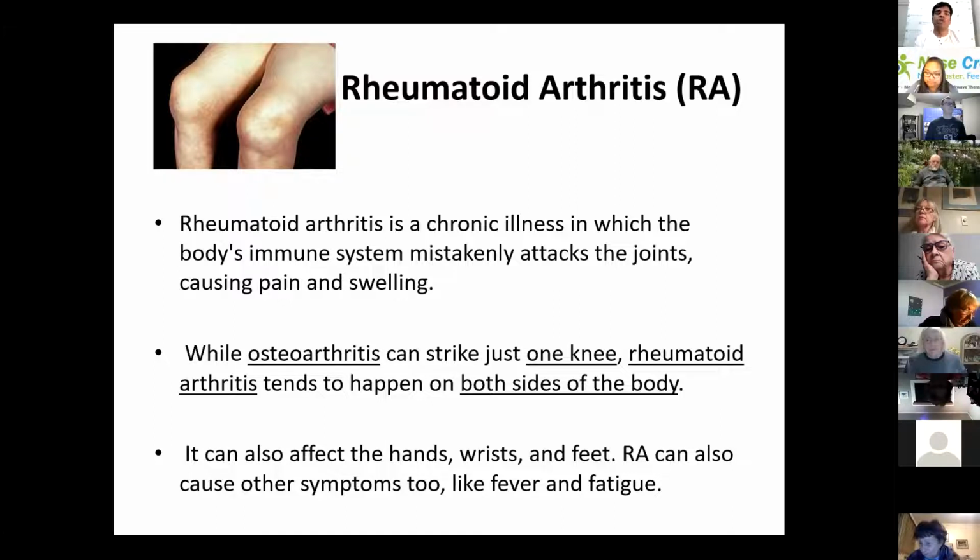Another common difference is morning stiffness: in rheumatoid arthritis, it stays more than 1 hour, whereas in osteoarthritis, it is present in the morning but eases in less than half an hour. These are the common differences we see between osteoarthritis and rheumatoid arthritis.